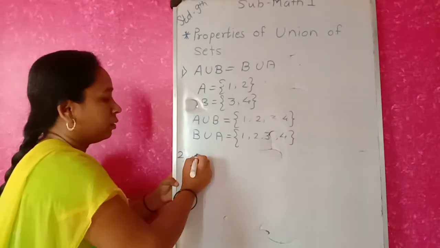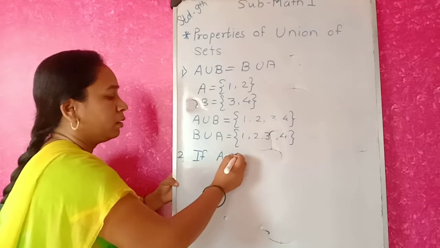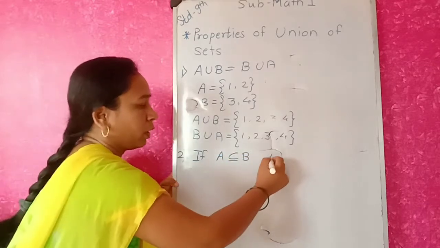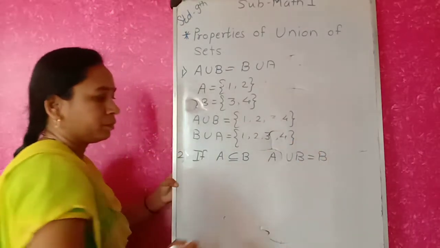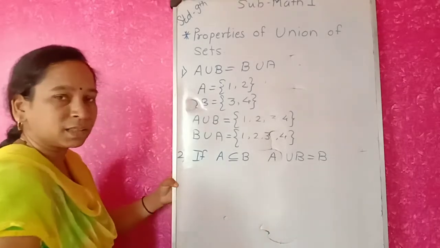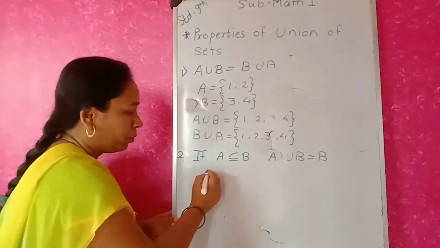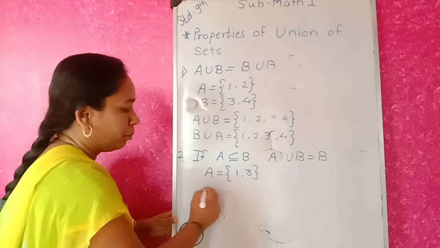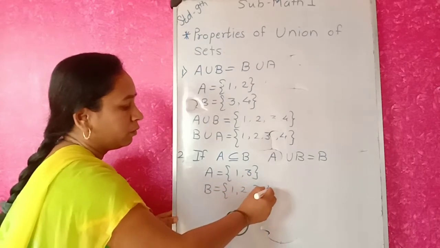Second property, if A is a subset of B, then A union B is equal to B. We have seen in the previous example, the third example was based on this only. A is a subset of B, means A's elements, suppose 1 and 3, and B's set is 1, 2, 3, 4.